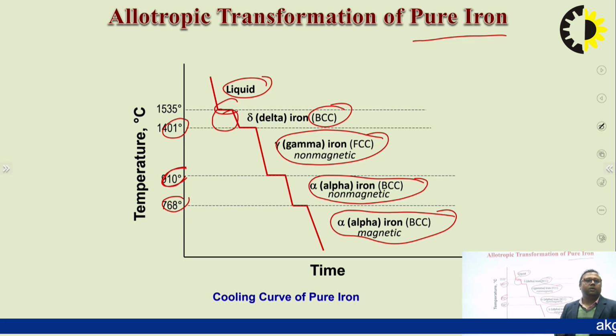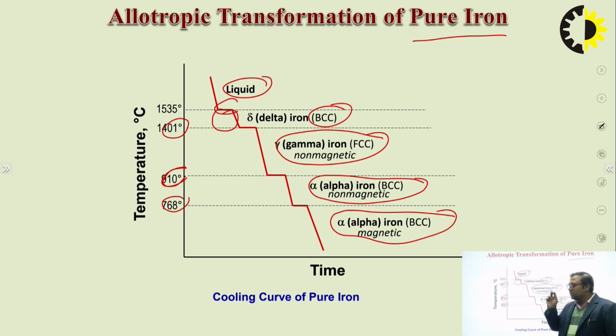So on cooling the material from higher temperature to lower temperature, different phases of iron are seen, and this behavior of showing different phases on cooling over a particular span of time is known as allotropy. So this allotropic transformation shows various phases of iron, and various behavioral properties are seen at different temperatures.